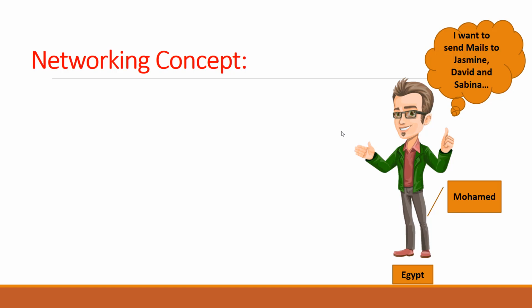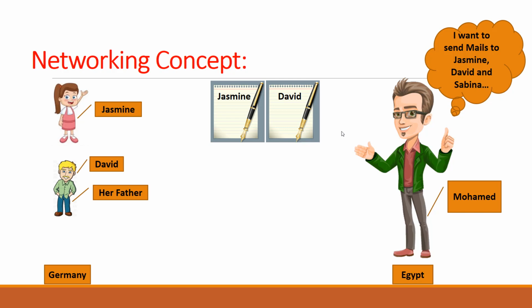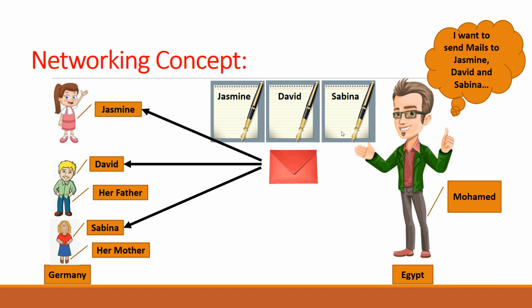So Muhammad will bring a pen and paper and write a letter to Jasmine, then write a letter to David, her father, and then write a third letter to Zabina, Jasmine's mother, and send the letters through the post office to Germany, where Jasmine's family are located.